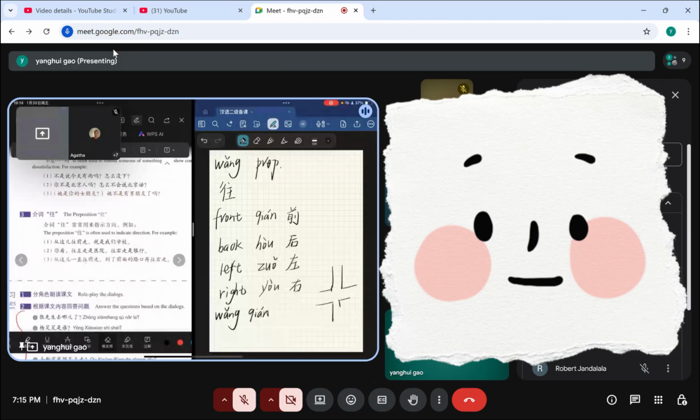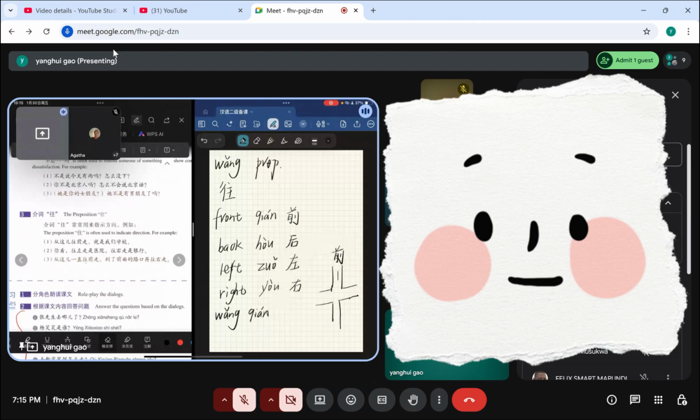So now if this is a road, this direction is 前, right?